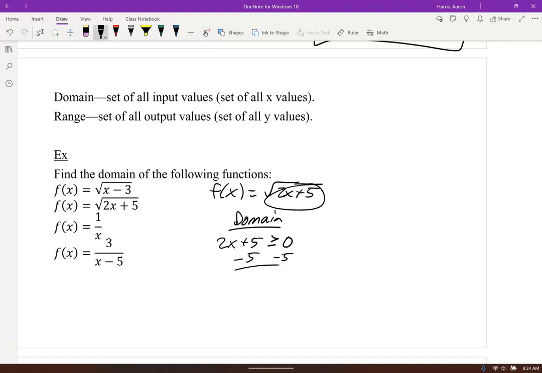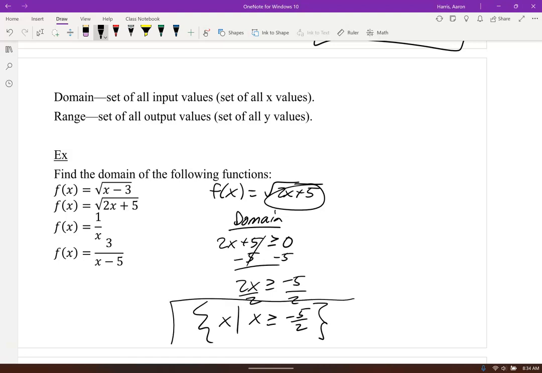And then I solve for x. Divide by 2, divide by 2. So x has got to be greater than or equal to -5/2. So I can say x such that x is greater than or equal to -5/2.